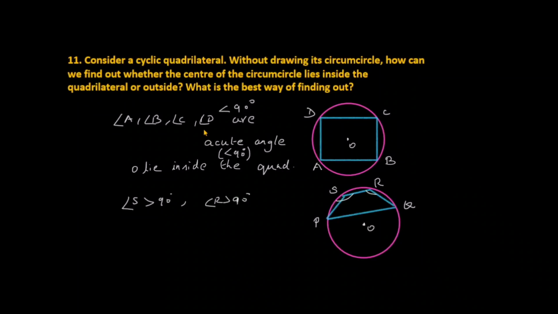So without drawing the circumference, if any one angle or any two angles of a quadrilateral are obtuse, so if any angle of the quadrilateral is obtuse, then the center lies outside the circle, outside the quadrilateral.